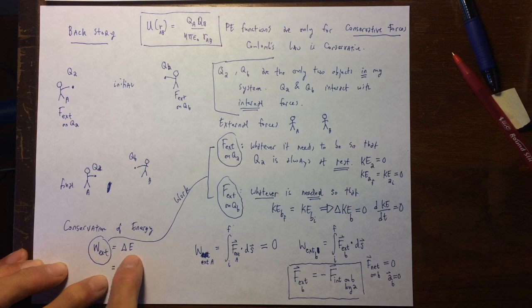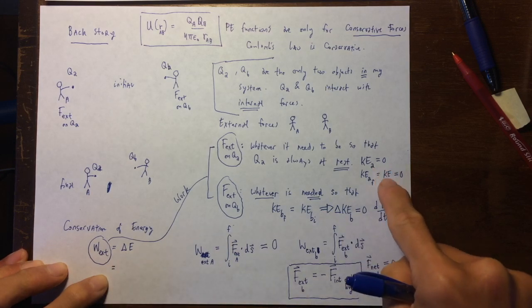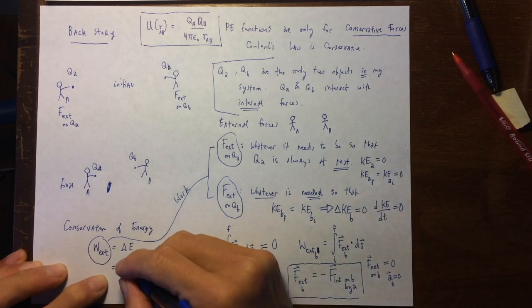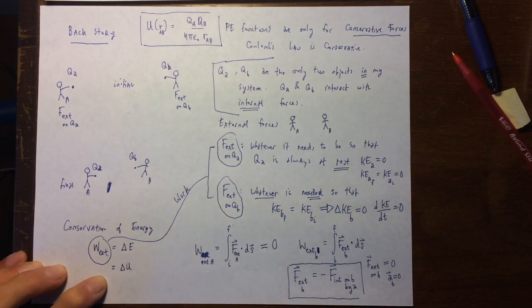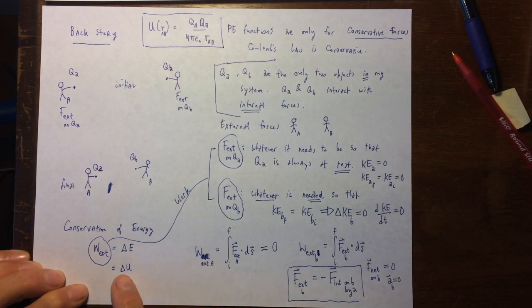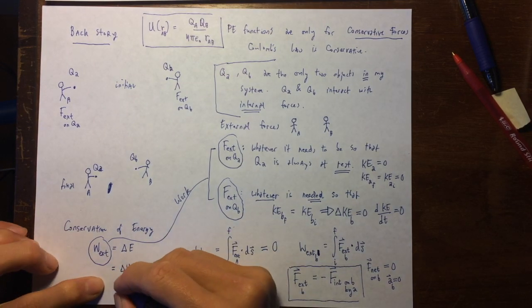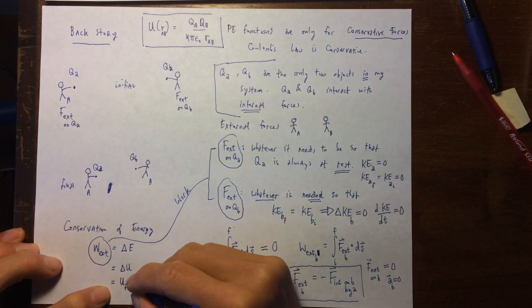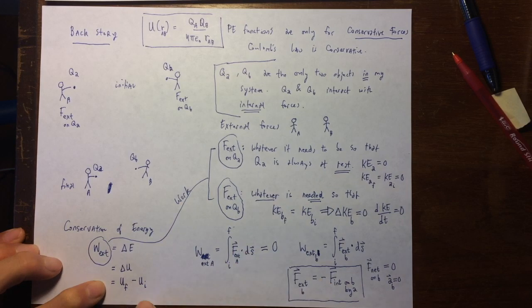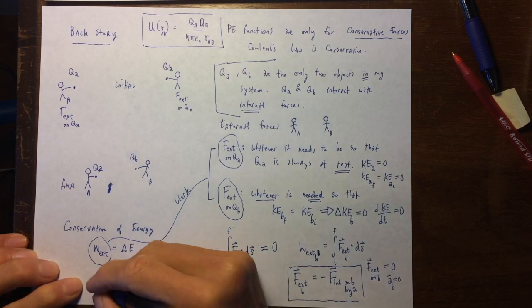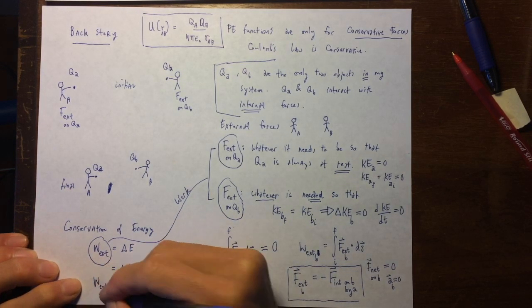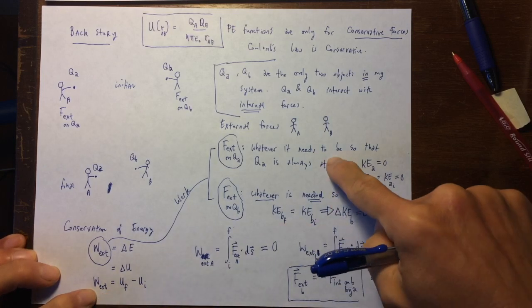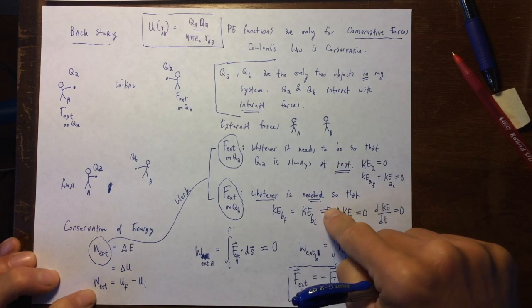So the way that the energy can change is not because the kinetic energy changes, it's because the potential energy changes. And so what we get is a change in potential energy if our external agents agree not to change the kinetic energy.